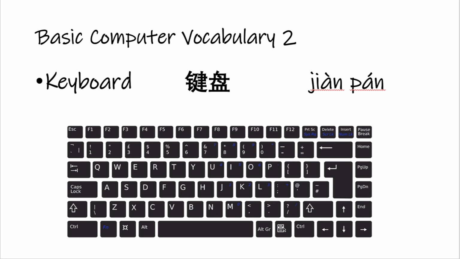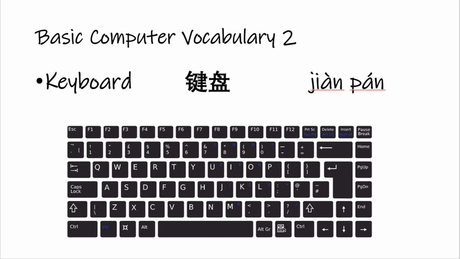So again, to say key, 键. If you want to say press the A key, you can say press the A 键. If you want to say press the Q key, you can say press the Q 键. So literally 键 means key. 盘 is a short form for 盘子.